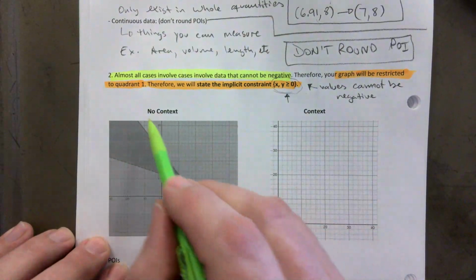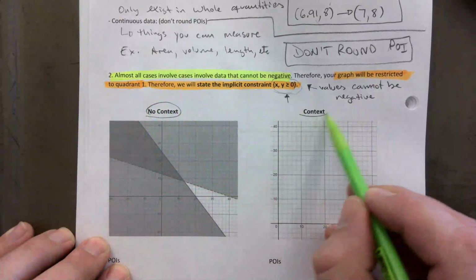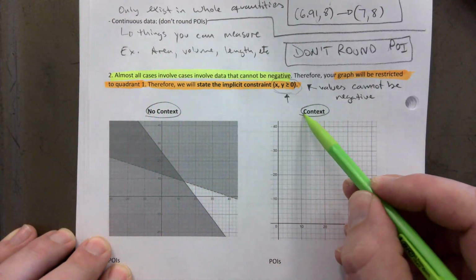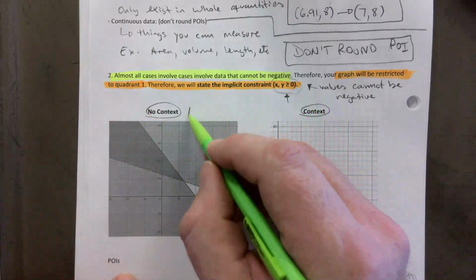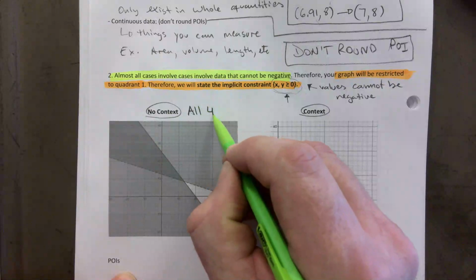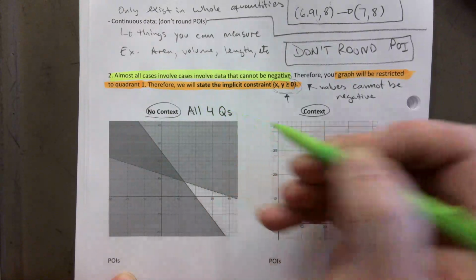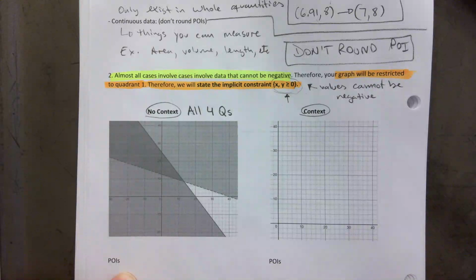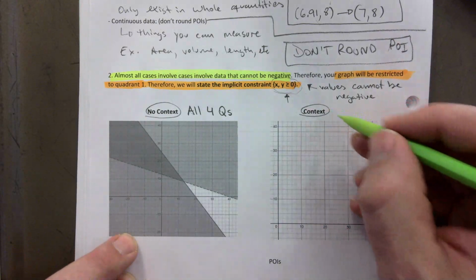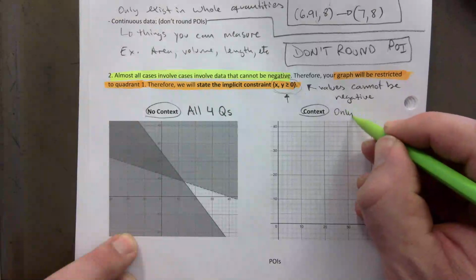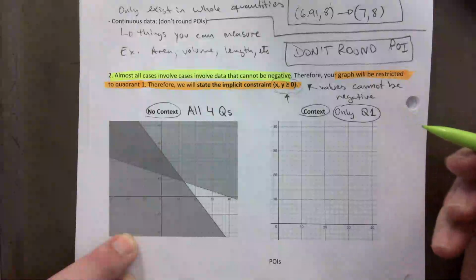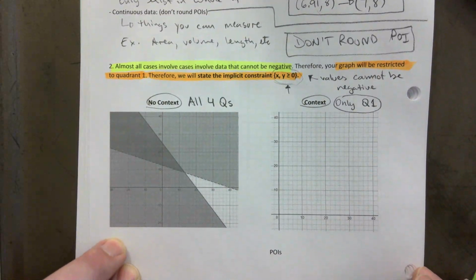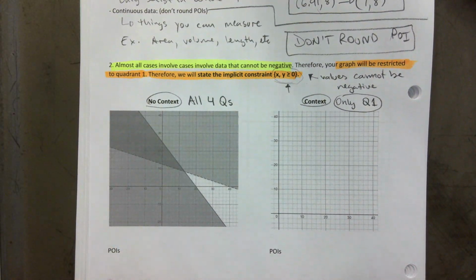And so watch this, no context versus context. So if you have no context, all 4 quadrants, right? All 4 quadrants. I'm just going to say Q's. If there's a context, only quadrant 1. And so watch this.